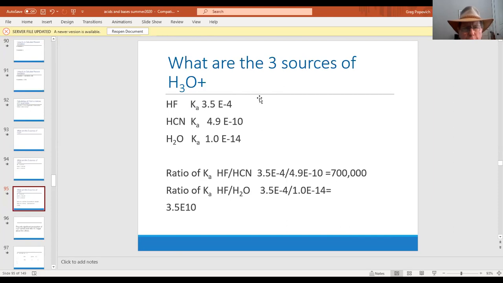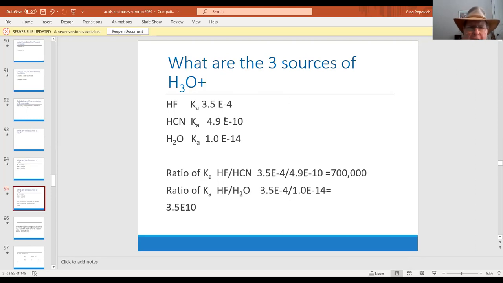Now, HF is producing H3O. What did we learn about Le Chatelier? If I've got H3O present, which way is it going to shift the equilibrium of HCN plus water making H3O plus CN minus?